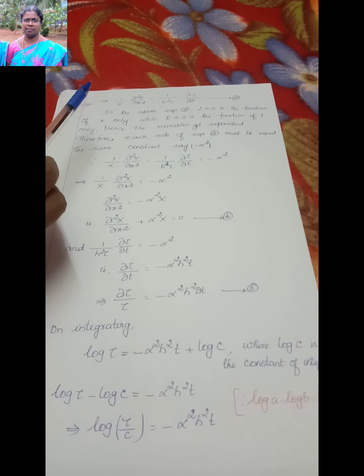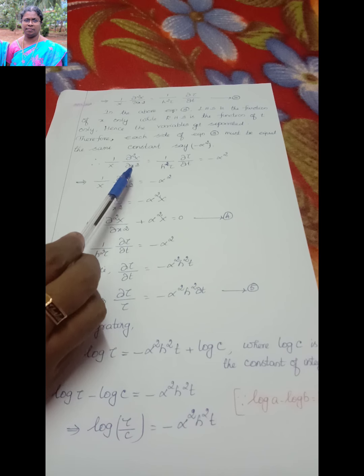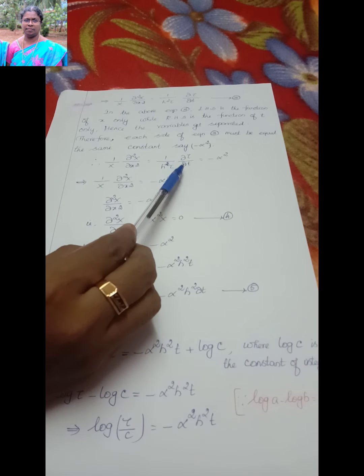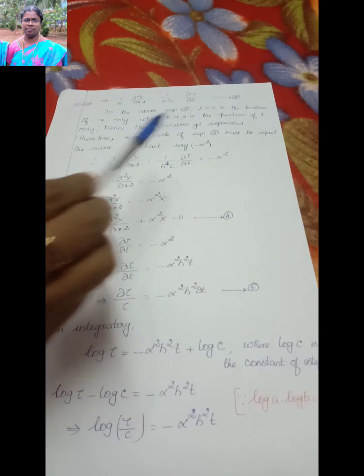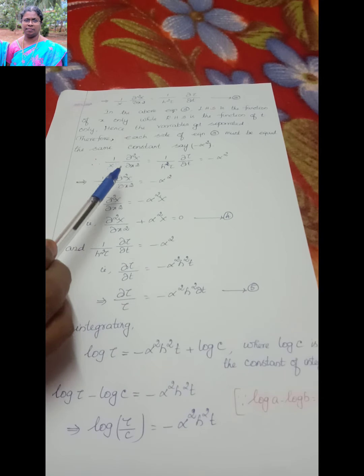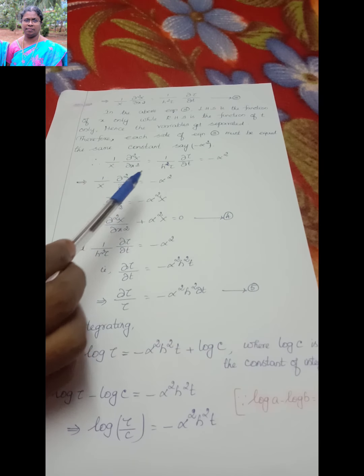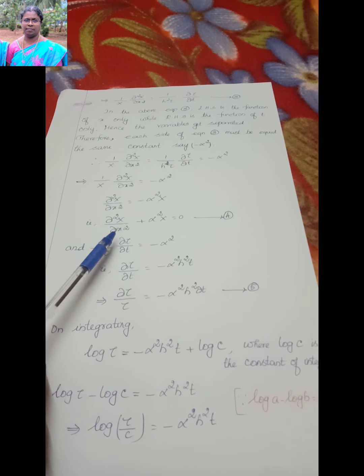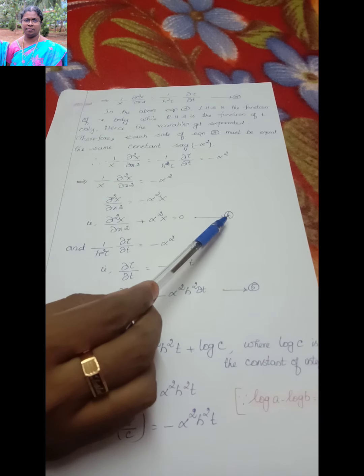Therefore, equation number 3 can be written as (1/X) ∂²X/∂x² = (1/(h²T)) ∂T/∂t = −α². So from this, (1/X) ∂²X/∂x² = −α², and that can be written as ∂²X/∂x² + α²X = 0. This is equation number 4.